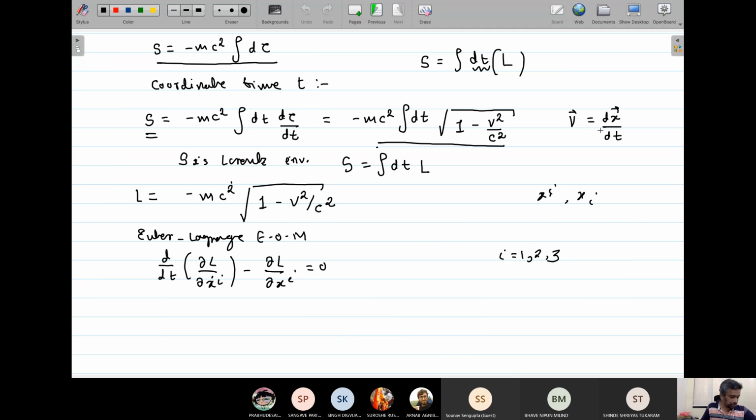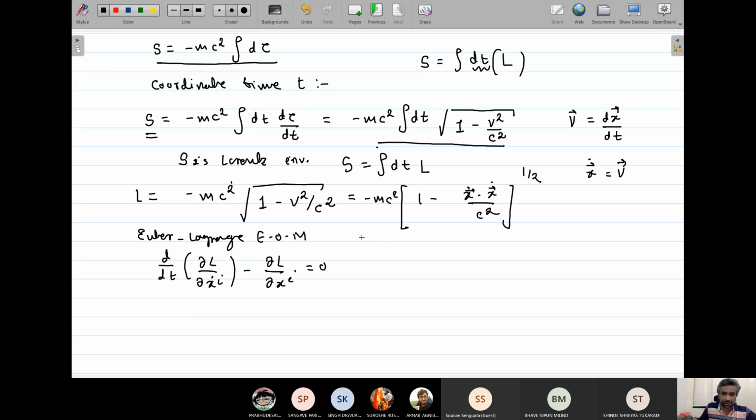From this, you can see that this Lagrangian does not depend on x^i. So you can write this Lagrangian as minus mc² times (1 minus ẋ·ẋ divided by c²) to the power half.